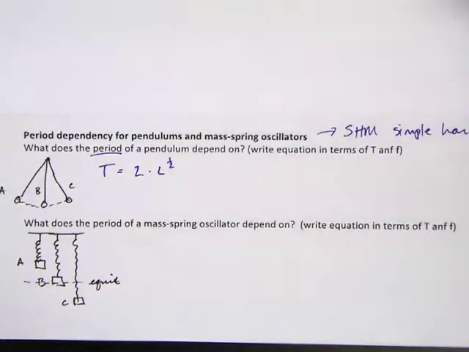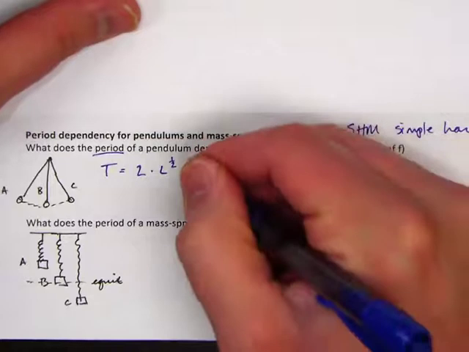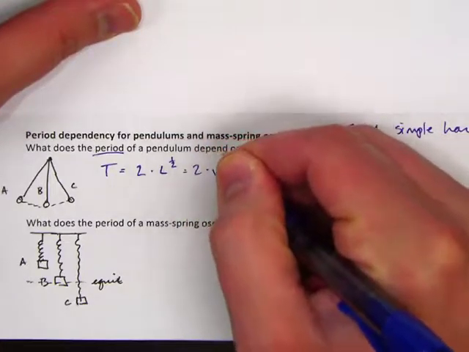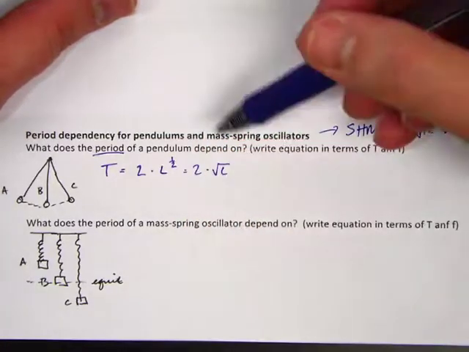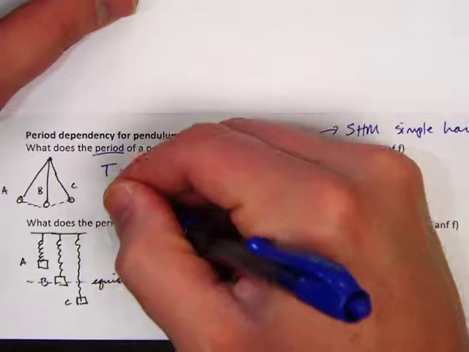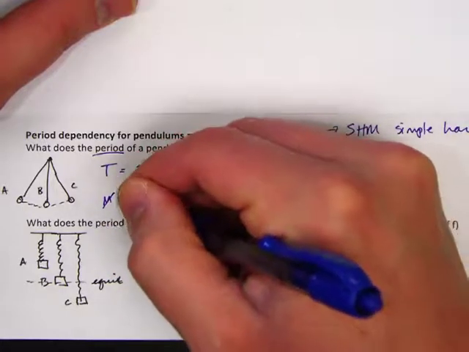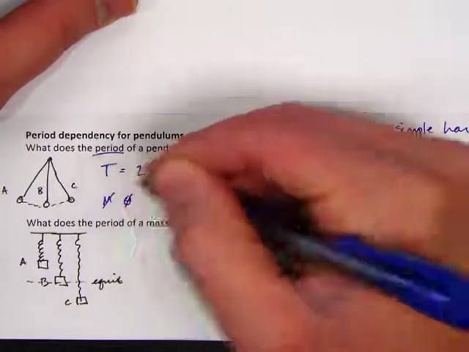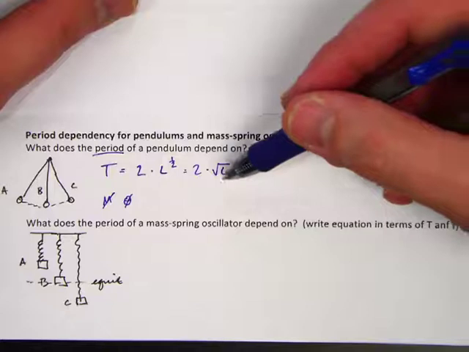L to the 1/2 is the square root of L. And so what we see is it's not dependent on mass.